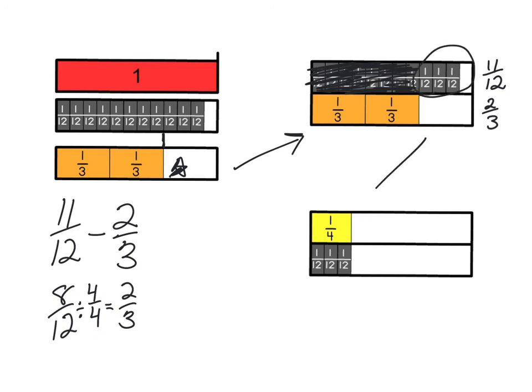And then if I go down the picture below, 3/12 is the same thing as 1/4. And so I could say, okay, 11/12 minus 2/3 from our picture gives me the answer of 3/12. Or if I simplified 3/12, I would have the same answer as 1/4.